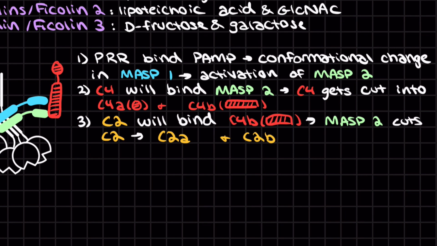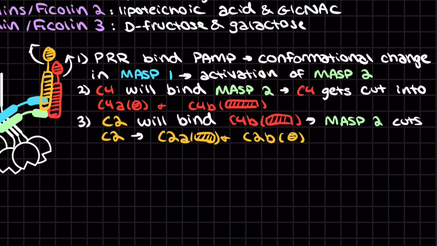So if we have C2, which I will draw on top, C2A is actually our big subunit, our large subunit, and C2B is our small one. C2B and C4A are going to dissociate away from the entire structure.